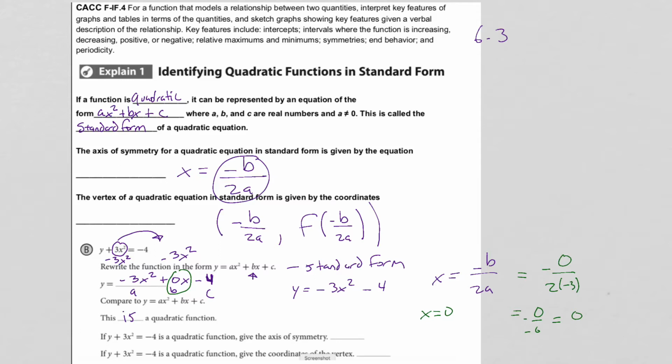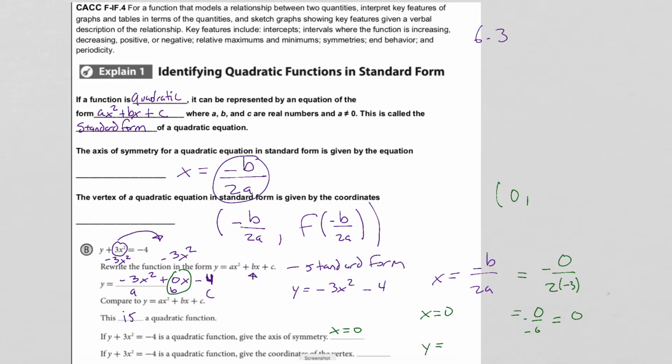And that makes the x-coordinate of the vertex 0. Now we're going to try to find the y coordinate. We take what we got from our axis of symmetry and plug it into the function.